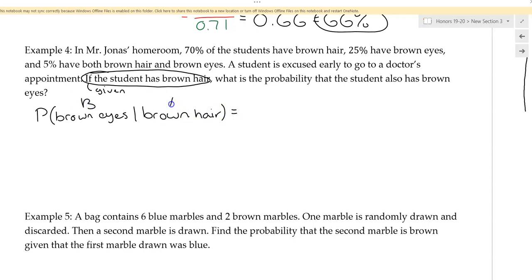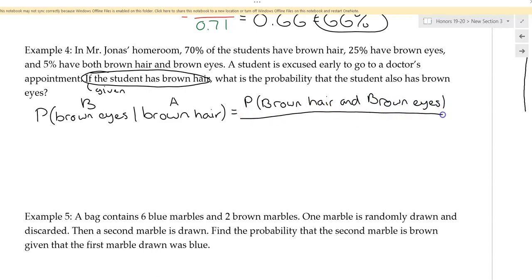So that's our B, and that's our A. So the probability of A and B would be the probability of brown hair and brown eyes divided by our probability of A, which is just the probability of brown hair.